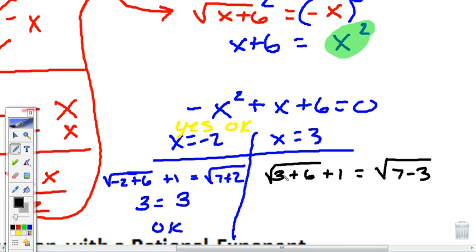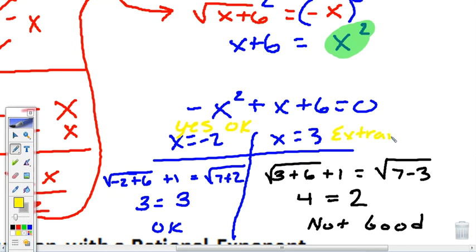Square root of 9? 3 plus 1? What's 7 minus 3 here? 4. Square root of 4, though, would make this a... Is this good or not good? Not good. So x equal 3 is not a solution, but what type of solution would we probably call it? This one here is extraneous.